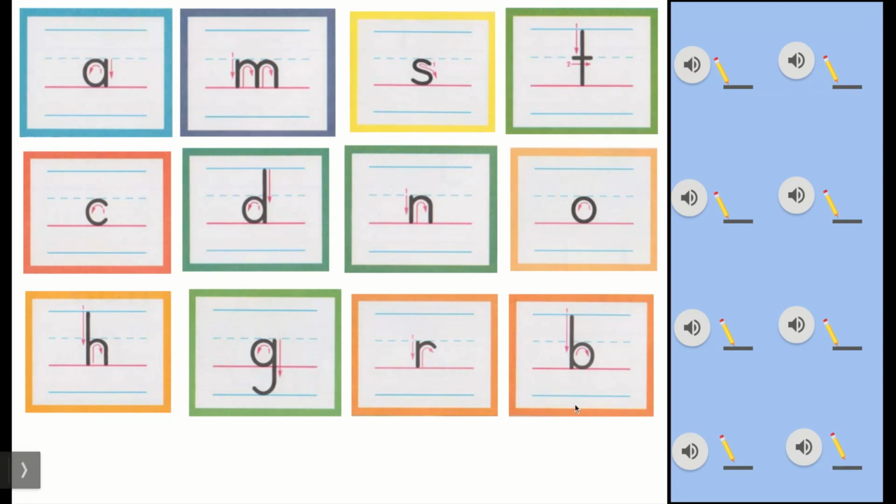Now we will listen to 8 sounds. You will write the letter that makes the sound that you hear. The first sound is g. The second sound, r. The third sound, n.